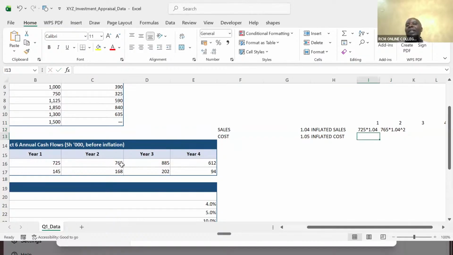And so forth. Just for our records, I'll be doing this using Excel, but can somebody give me these 2 answers? What is this 725 inflated at the end of the first year? Can somebody just give me this answer?